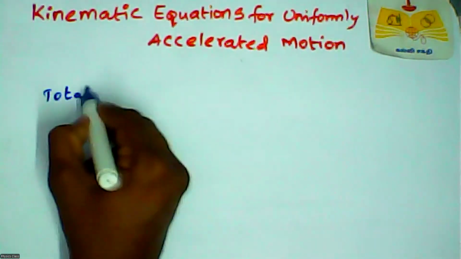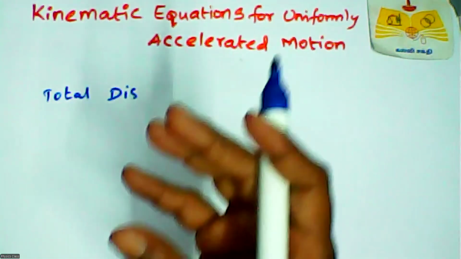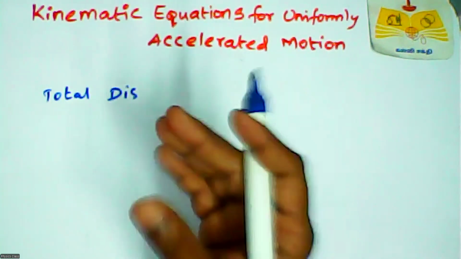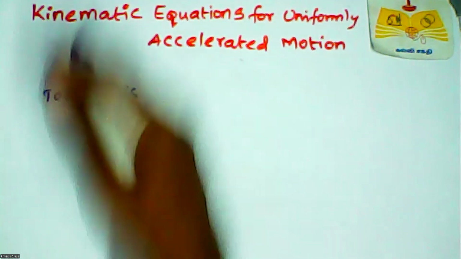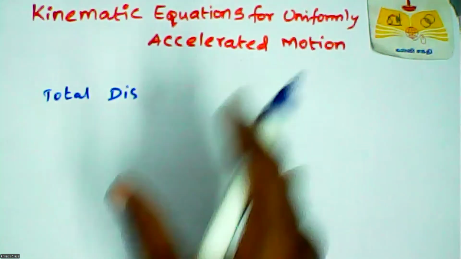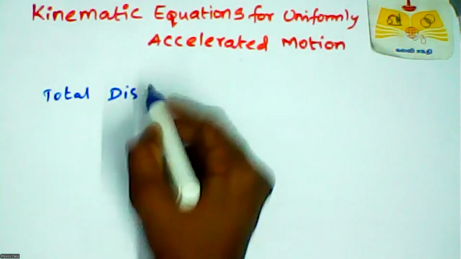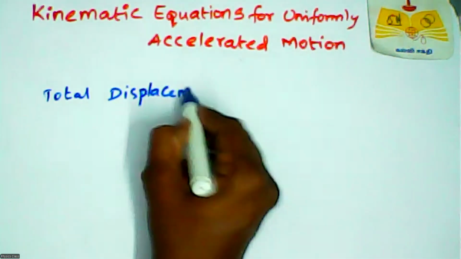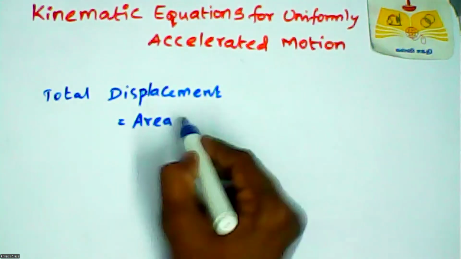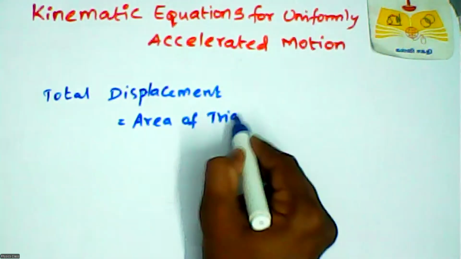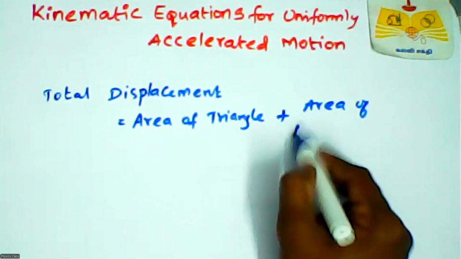Because that object starts from 0 and it has some velocity v naught and it goes like that and reaches that t. So the object travels by those two shapes, triangle and rectangle. So total displacement means we have to add area of triangle plus area of rectangle.